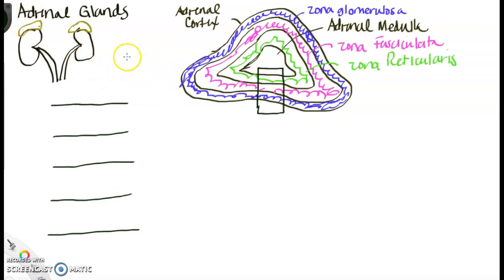So this first area is the medulla. That's M. And what comes out of the medulla? Well, the medulla makes epinephrine and norepinephrine. And it is responsible for the fight and flight response.